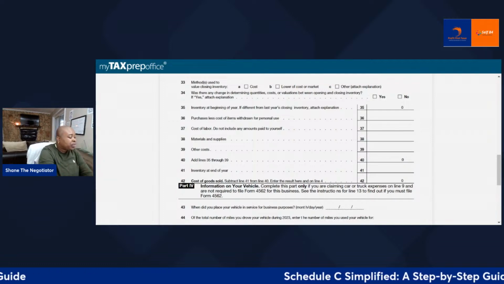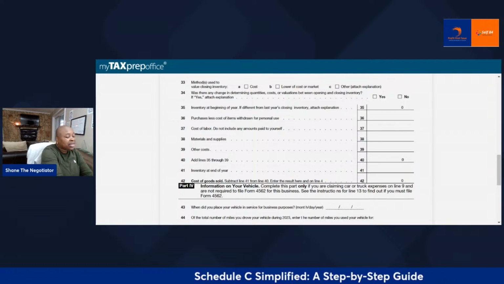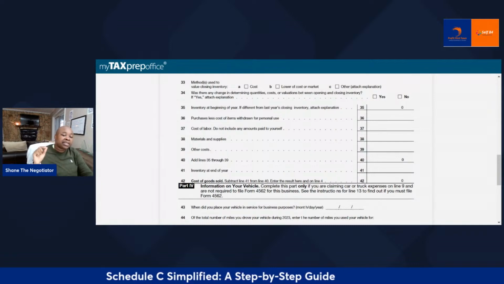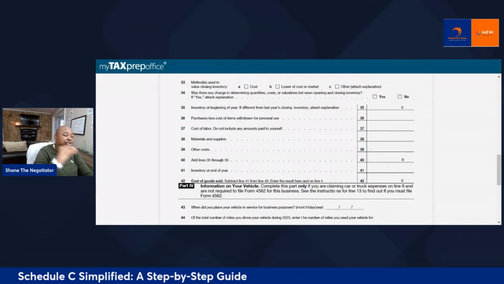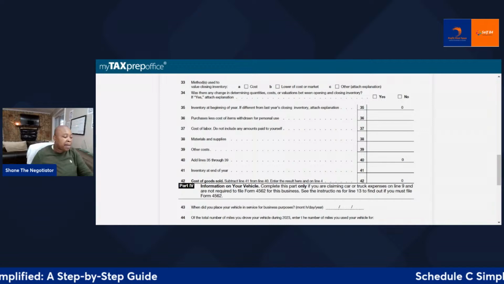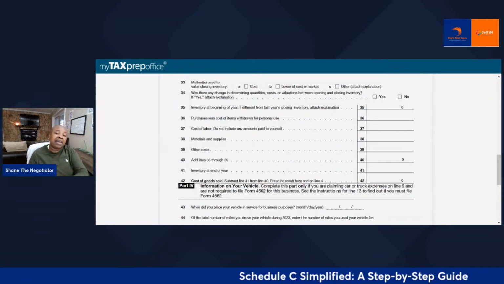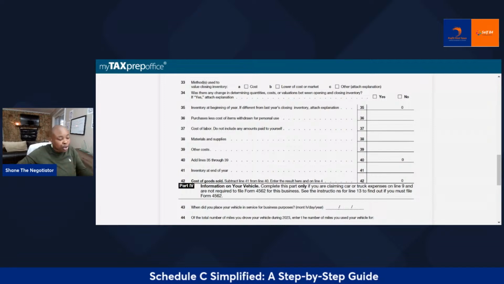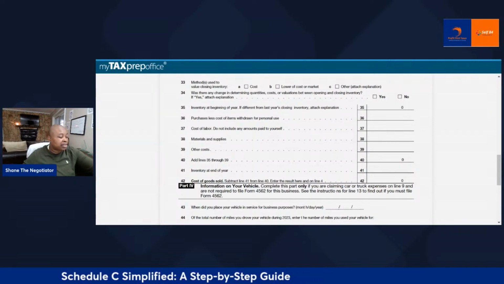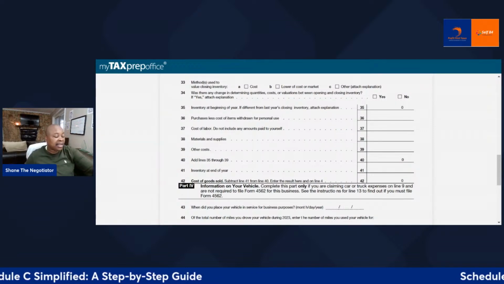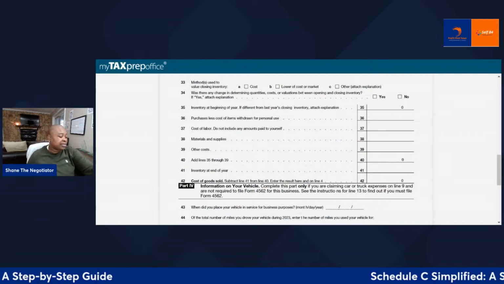So when we go down where it says inventory at the end of year in 41, we're talking about the inventory at the end of the year for 2023, what that amount was. So after we had all of these subtractions, which is $5,000, our new total is going to be $5,000. So your inventory at the end of the year will be $5,000.